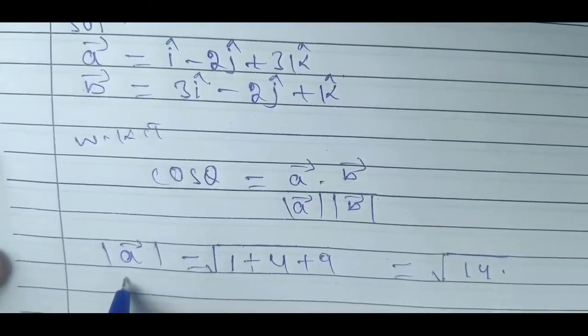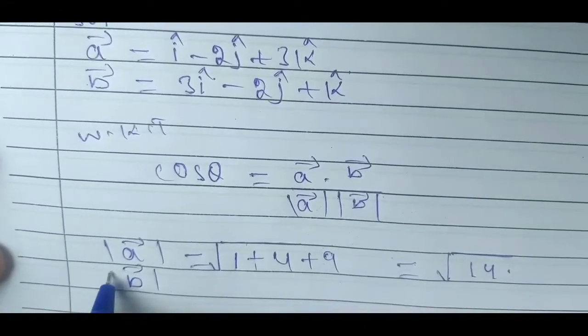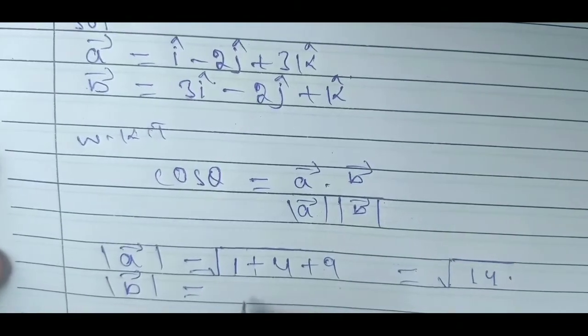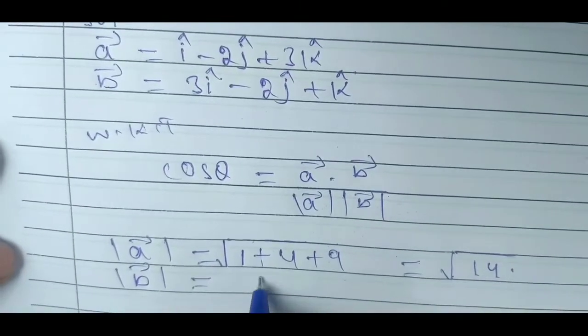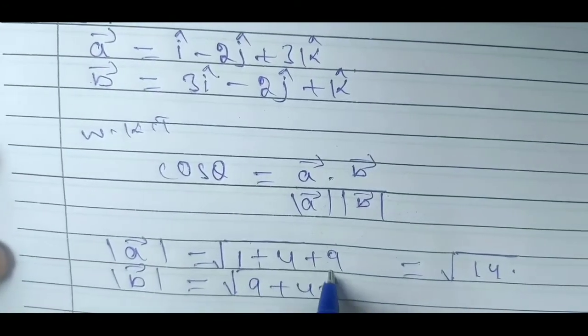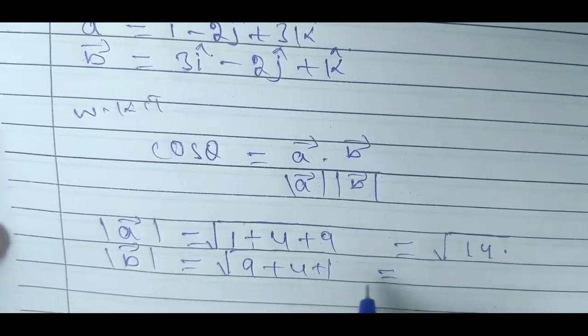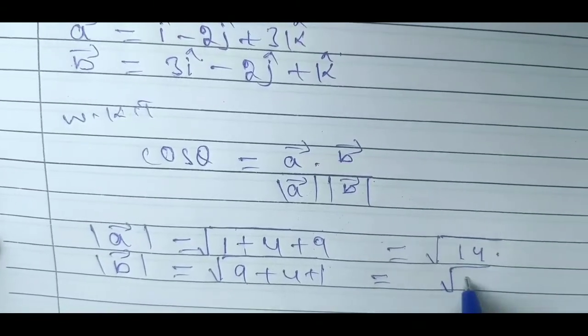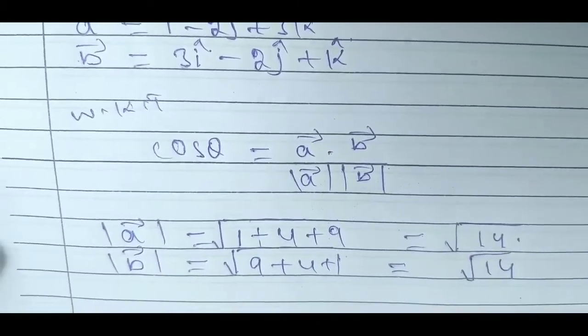Here I will find mod of b, 9 plus 4 plus 1 under root, which is equal to root 14.